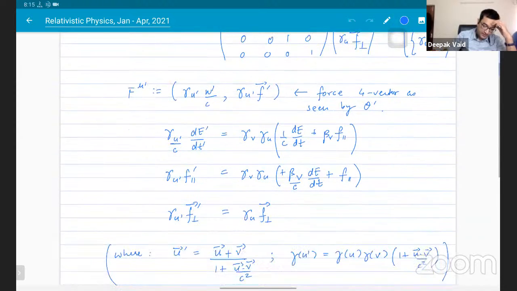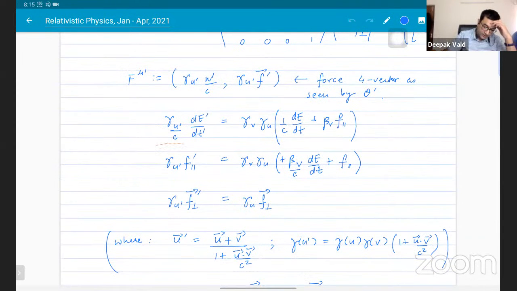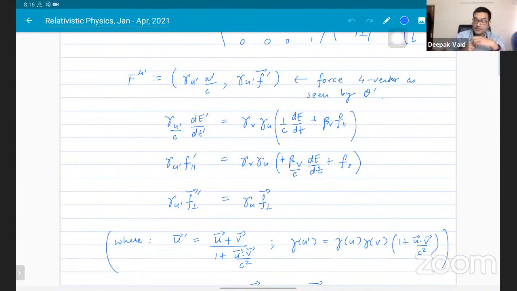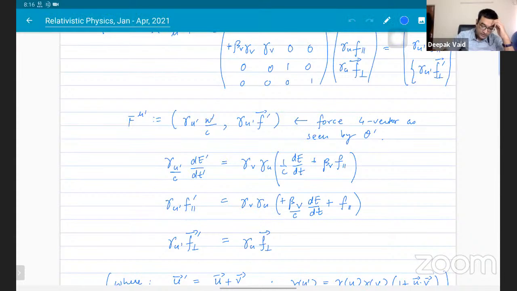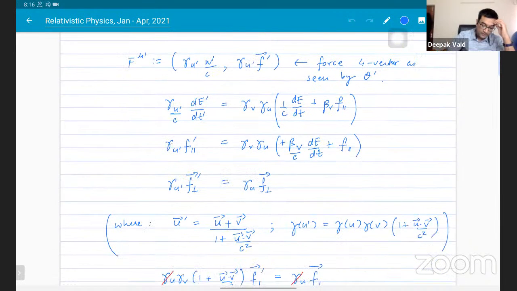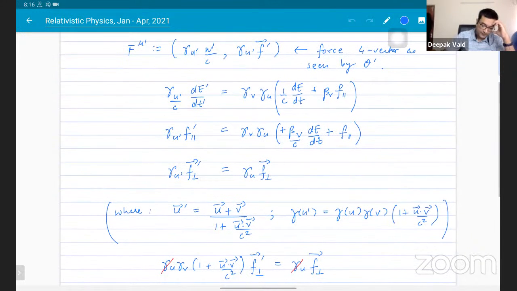Right? So we get these equations which relate the parallel component in one frame to the parallel component in the other frame, and the perpendicular component in one frame to that in the other frame, right?